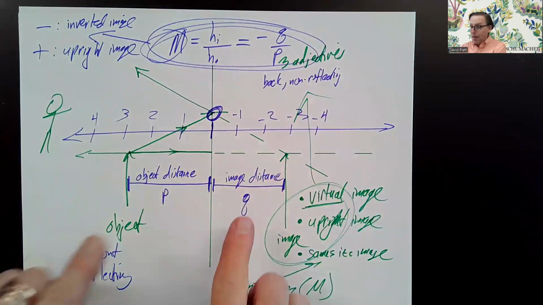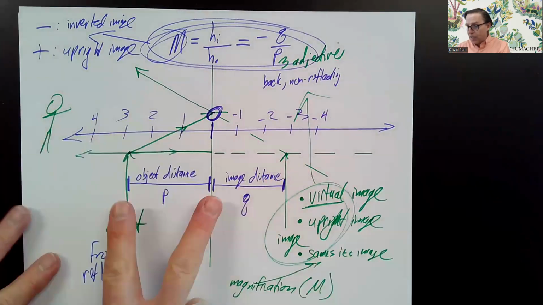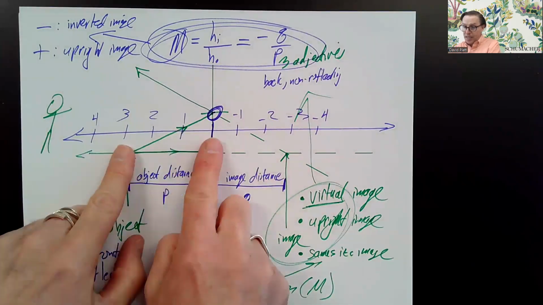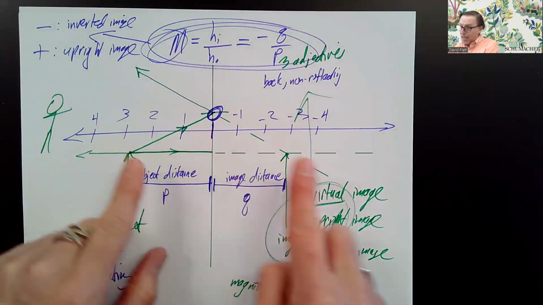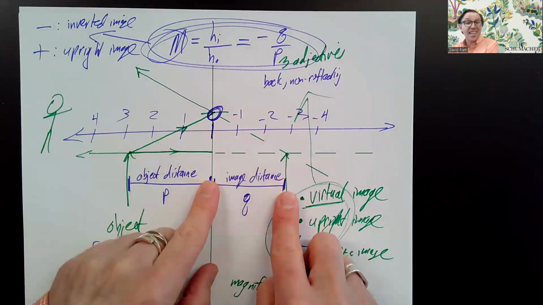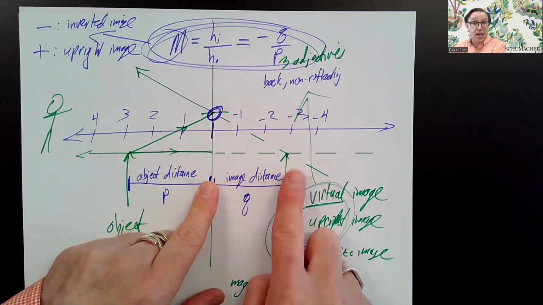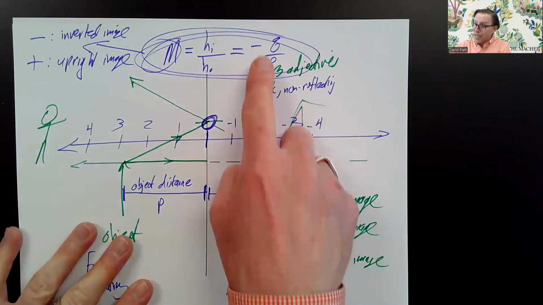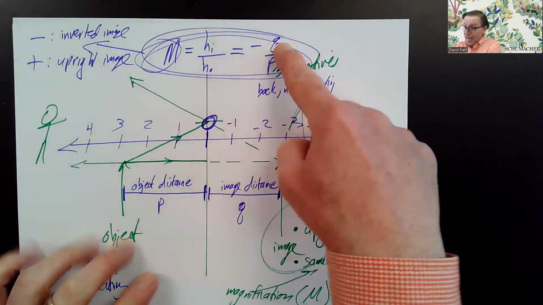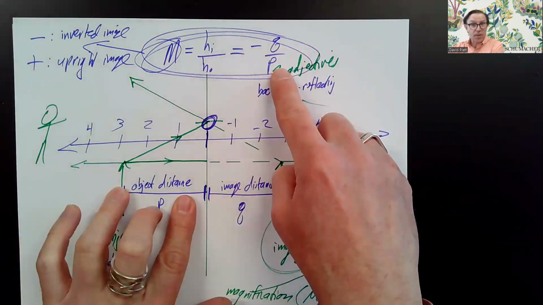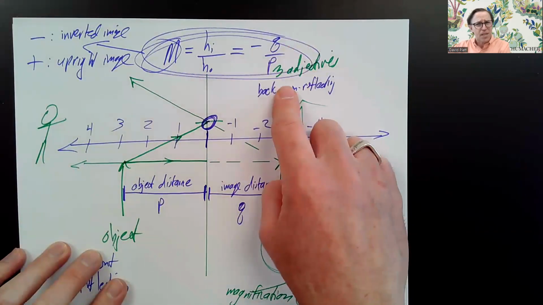So what does that imply about P and Q? In this picture, the object distance is 3, and the image distance is -3, because the image is over here on the negative side. And so negative -3 over 3, what is -3 over 3?